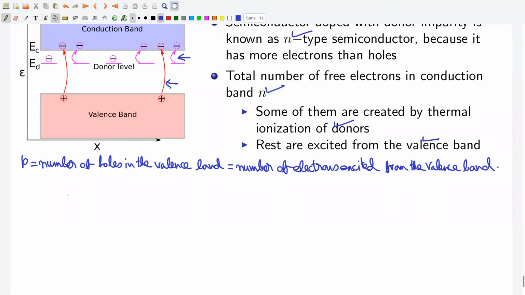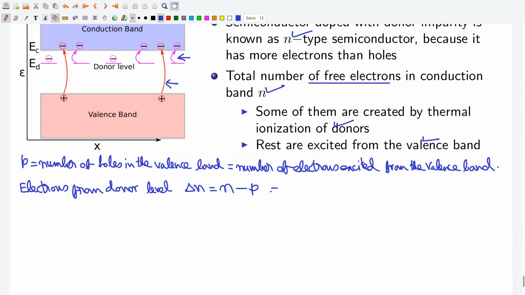Then electrons from the donor level, delta N, is equal to N, which is the total number of free electrons, minus P, which is the number of electrons excited from the valence band.